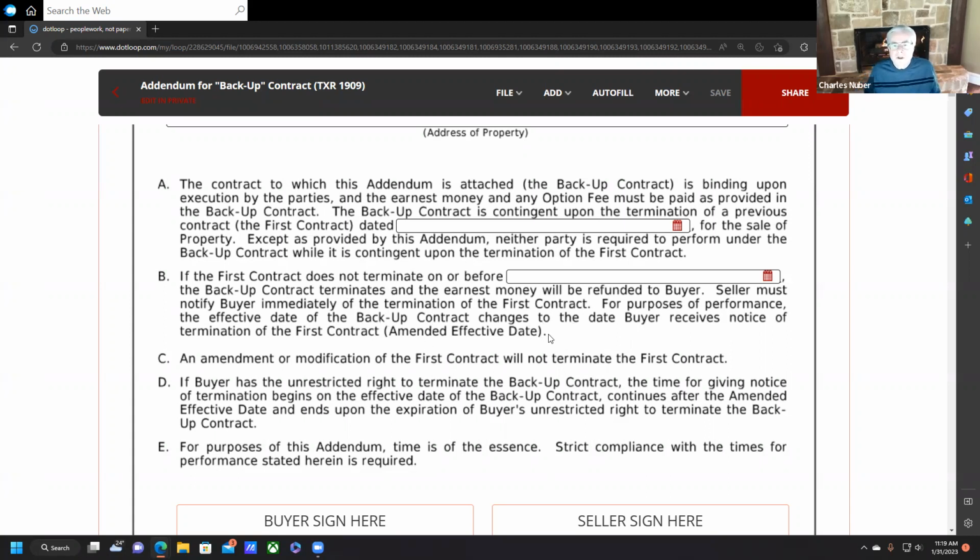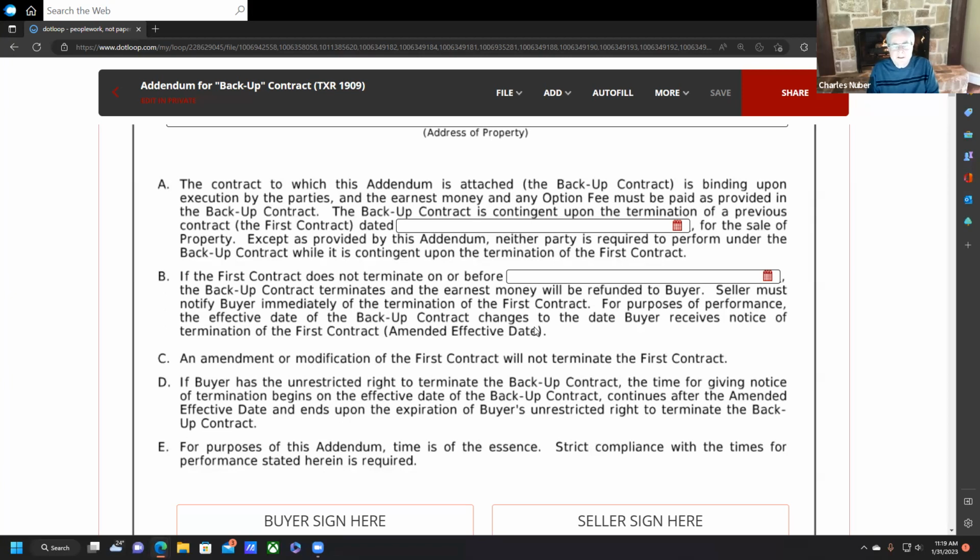Now, my strong suggestion is this. If the first contract terminates and you're now a backup contract and you're in first position, draw an amendment. Check the other box at the bottom and state the amended effective date of this contract is, say, January 31st, 2023.